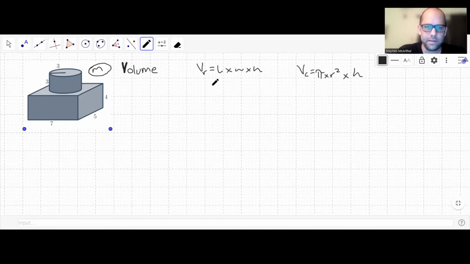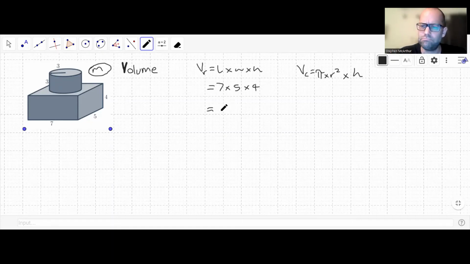So let's do this to start. We've got length. We're going to call the length 7, just here. The depth, the height is 4. Length and width is just 2 sides. We're just going to go 7 times 5 times 4 is equal. I can do this one in my head. 7 times 5 is 35 times 4 is 140.